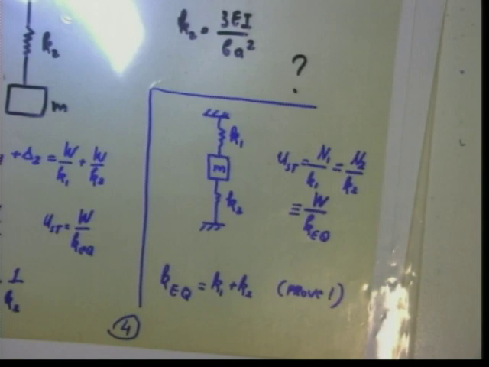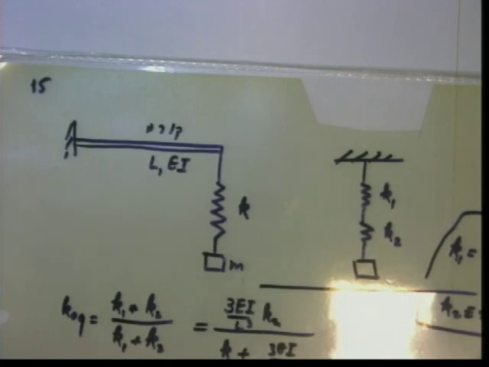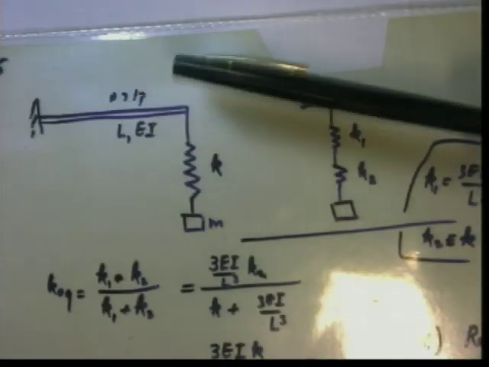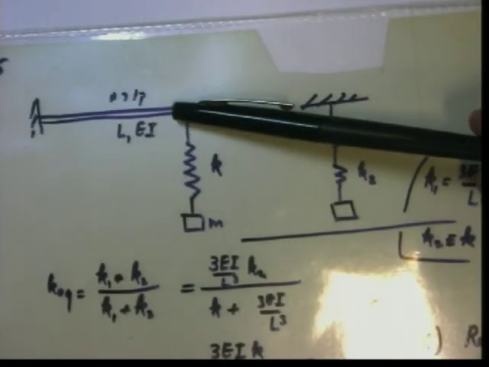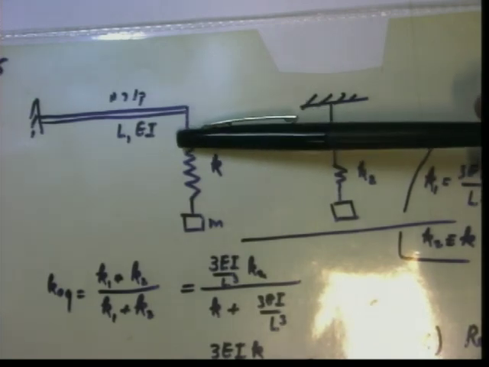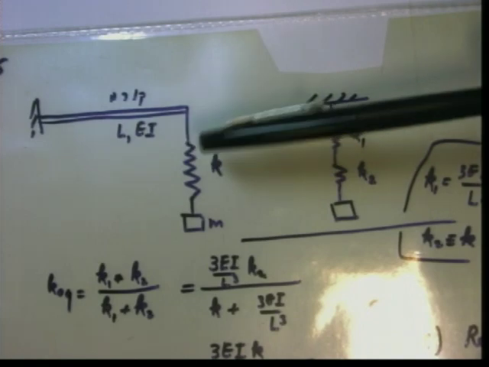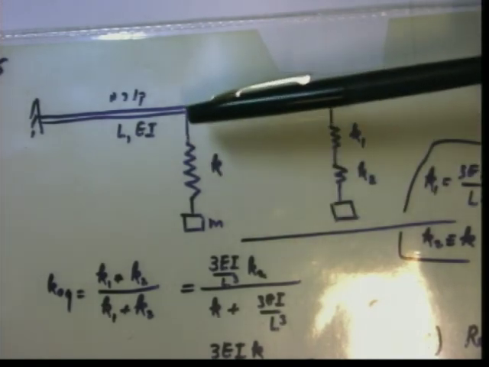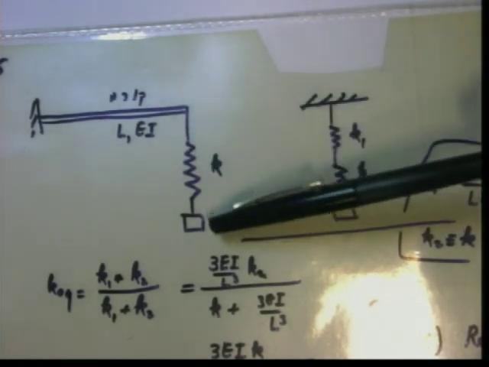So let us consider some examples. Do you remember we had this beam with mass at the tip. Now I have this mass which is actually connected with some spring here.